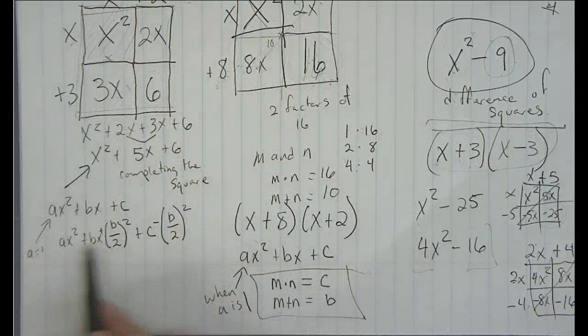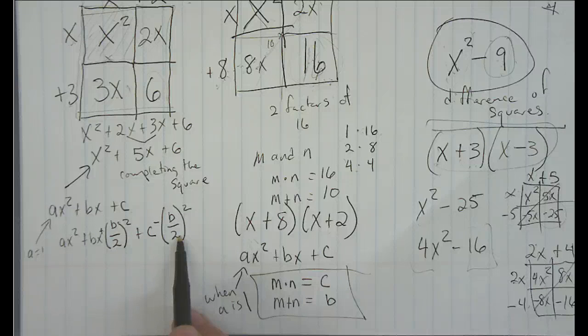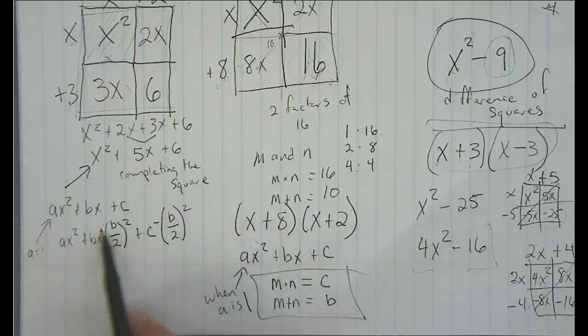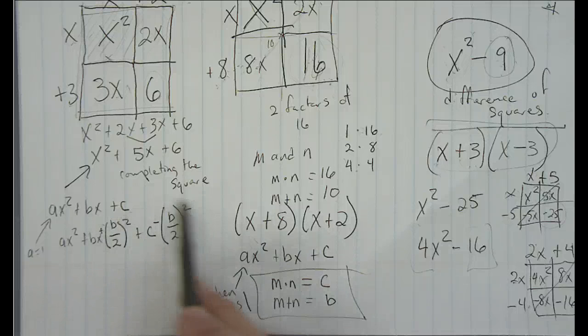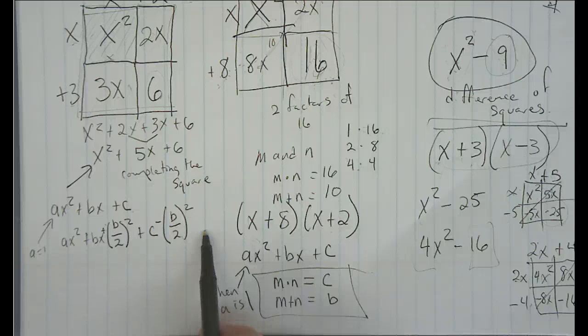So now we're keeping this expression equivalent because we're adding something, but we're taking it right back. We add it, and then we take it right away. This is really important because what I'm adding and what I'm subtracting are the same thing, so it does not change the expression.